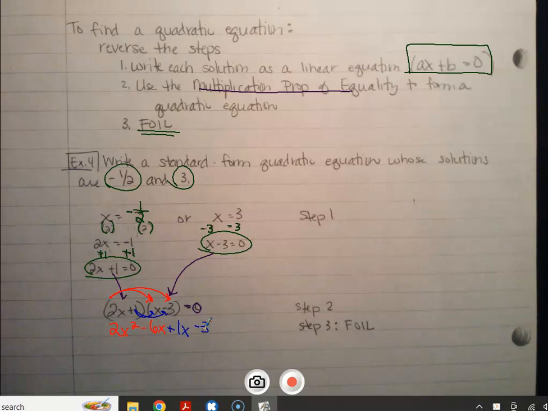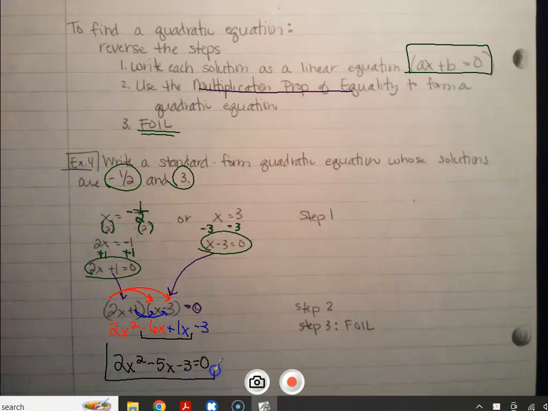All right, let's combine our like terms. Our like terms are -6x plus x. So we have 2x squared, negative 6x plus x gives us negative 5x, minus 3 equals 0. I forgot that in the last one.